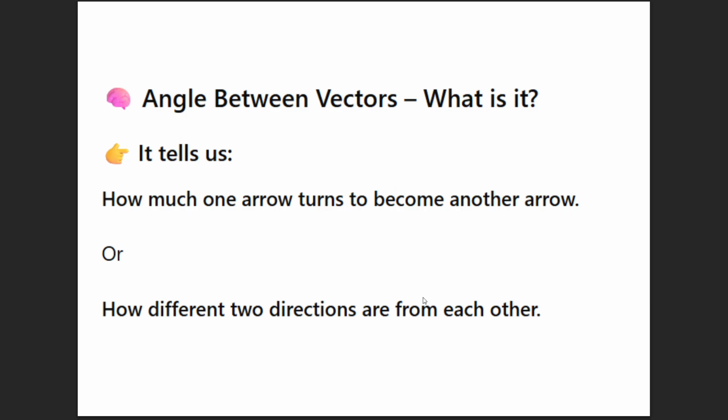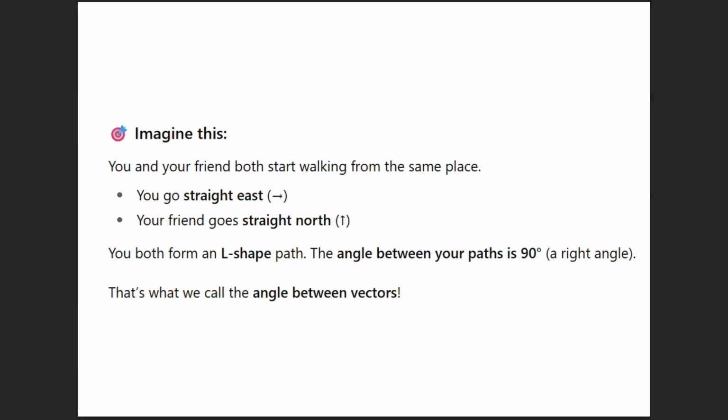So next one, the angle between vectors. The angle between vectors tells us how much one arrow turns to become another arrow, or how different two directions are from each other.